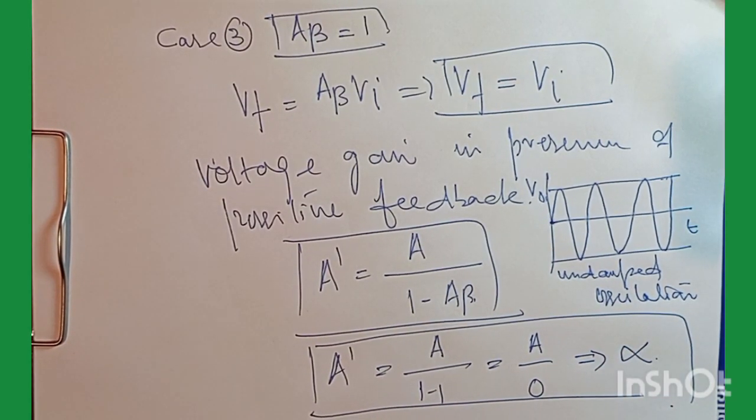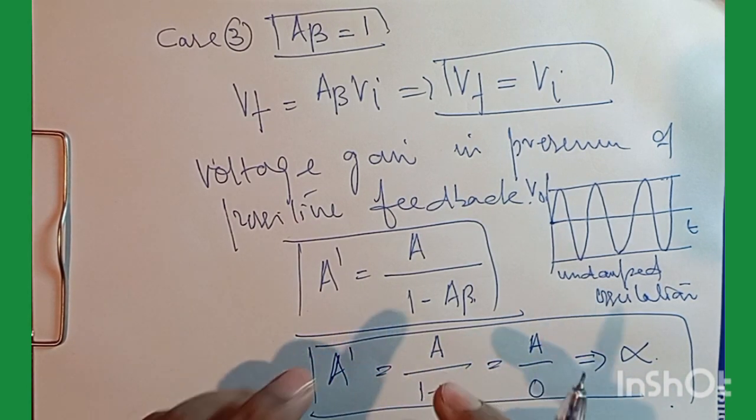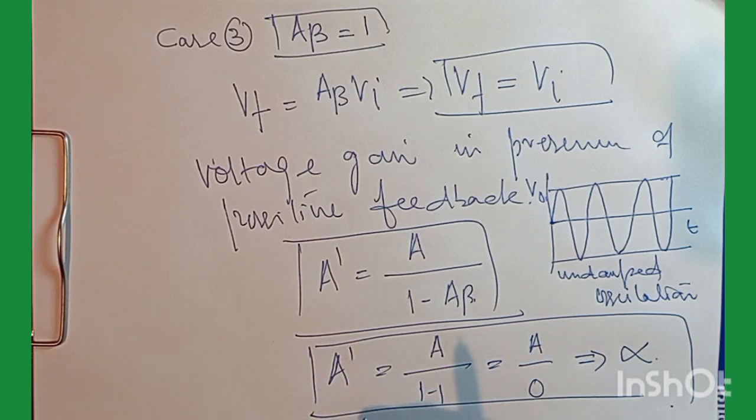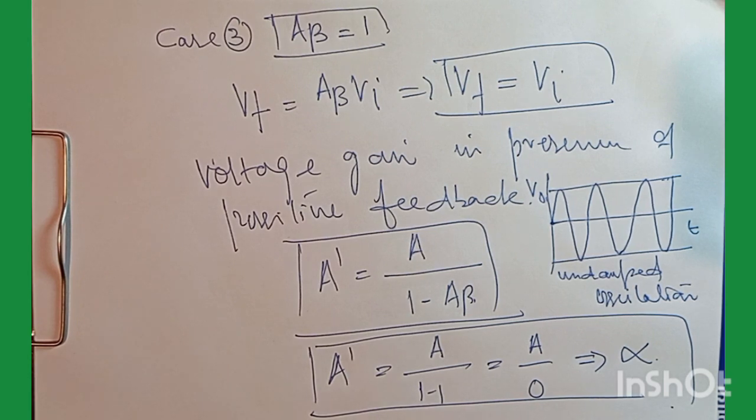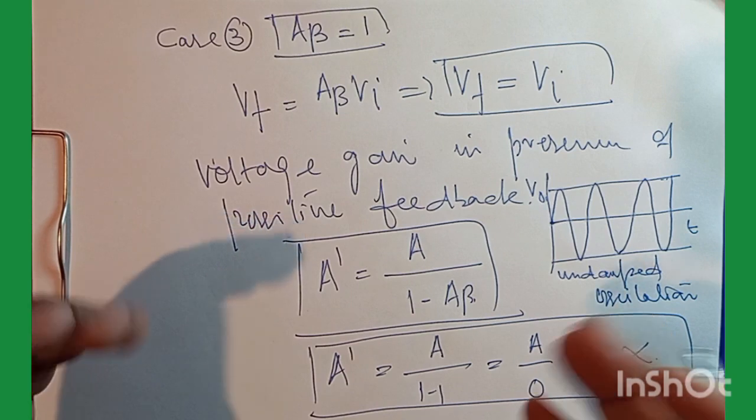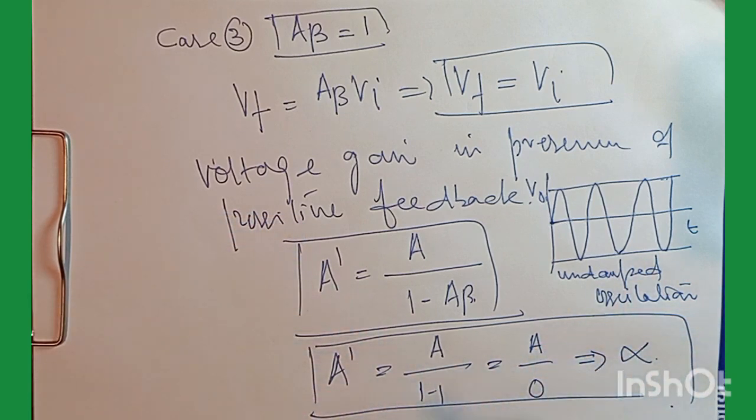And this criterion that we have talked about here is called the Barkhausen criterion. So the Barkhausen criterion is an analytical identity that applies to a system where we have positive feedback, and that positive feedback leads to undamped oscillations.